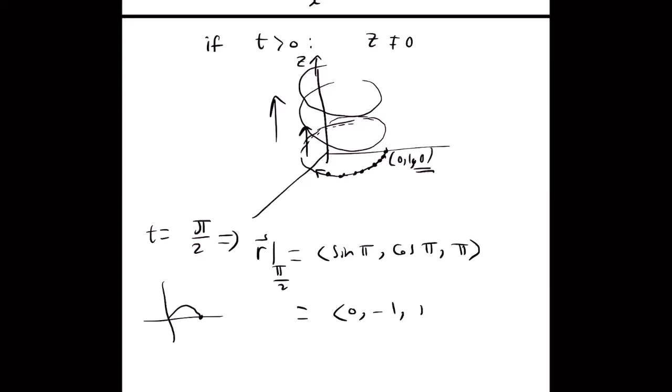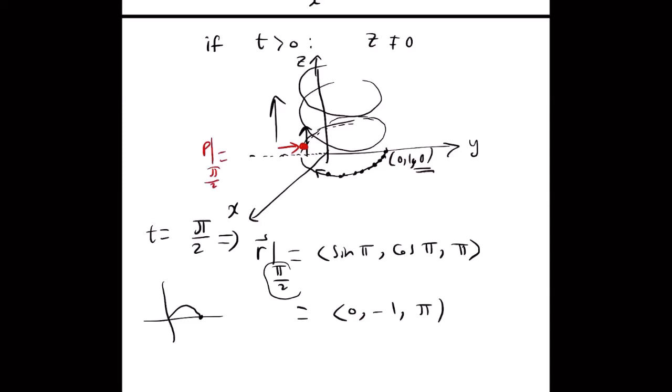So x is 0, y is -1, so it's here in this direction. This is the positive direction of x, this is the y, so this is the negative direction of y. So y is -1, so it's here, and z is up there. This is the point P at pi over 2.